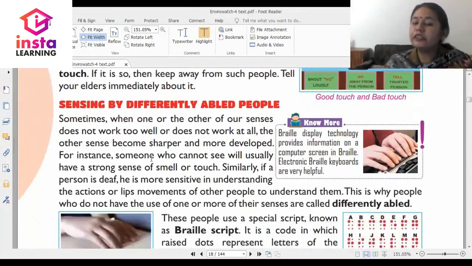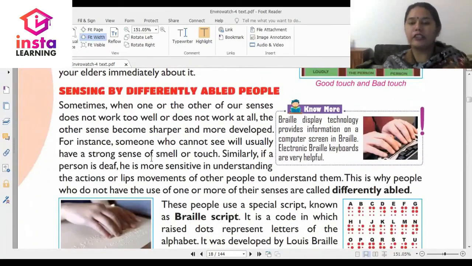Sensing by differently abled people, a very interesting topic. Sometimes we come across people who are blind, or who cannot hear, or who cannot talk. So how is it that these people are able to sense? Sometimes when one or the other of our senses does not work too well or does not work at all, the other senses become sharper and more developed.